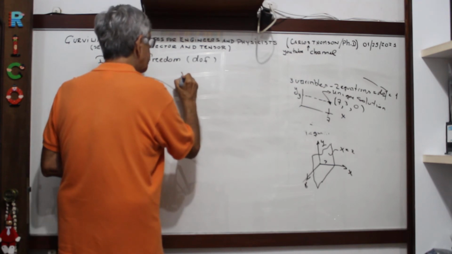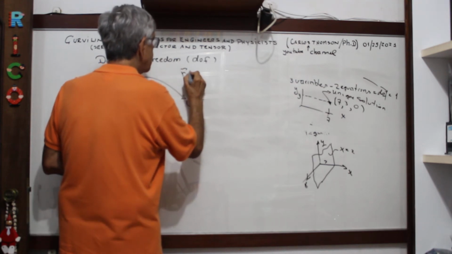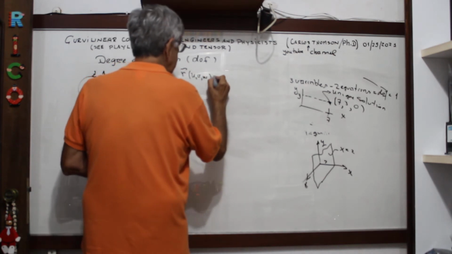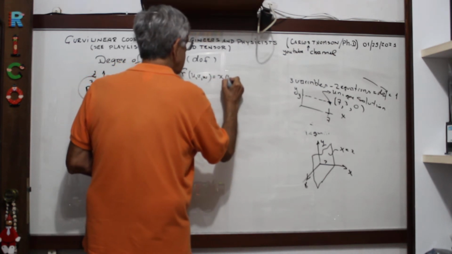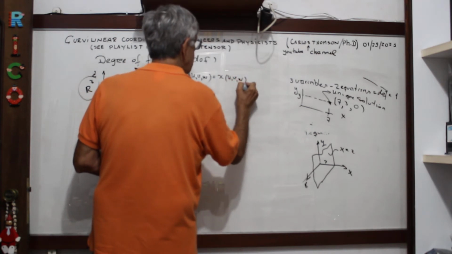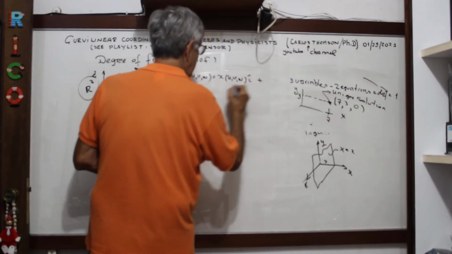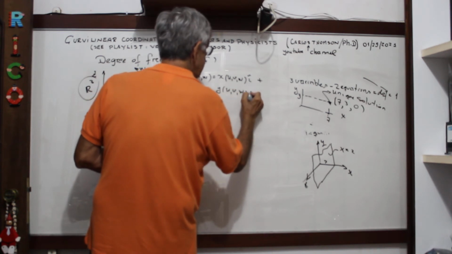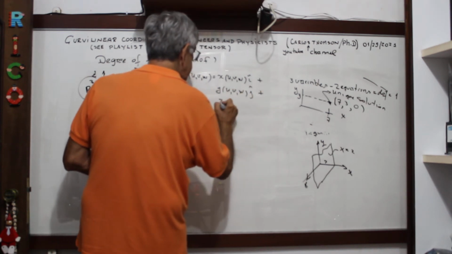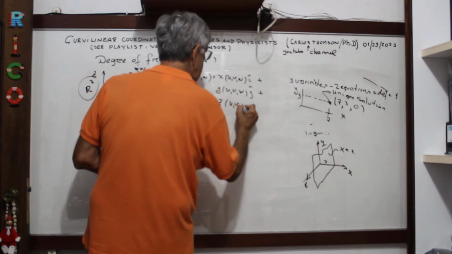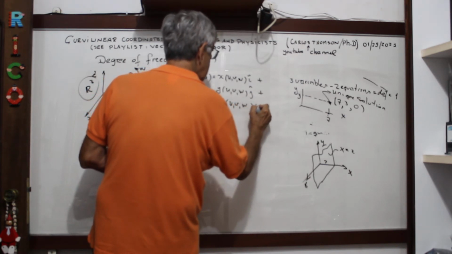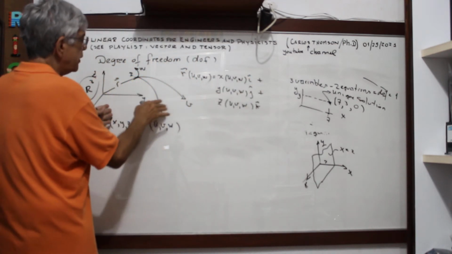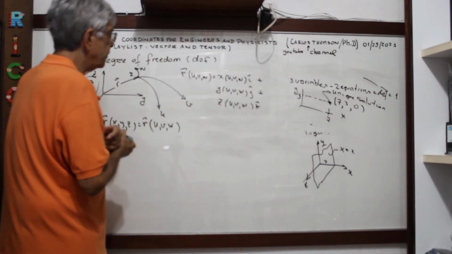Suppose I have the position vector of u, v, w equal to x of u, v, w times i plus y of u, v, w times j plus z of u, v, w times k. u, v, w are the curvilinear coordinates.